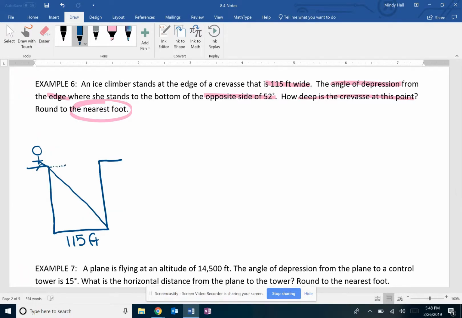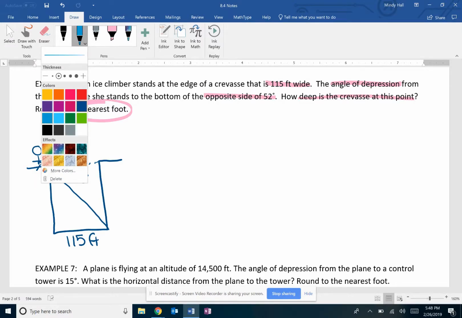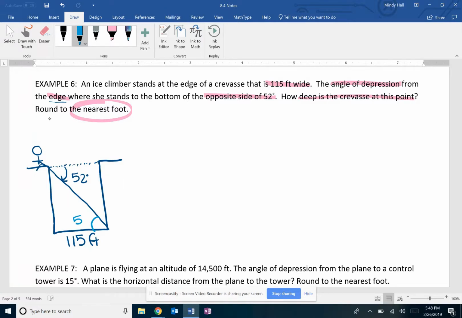And you notice that it is a dotted line because they're talking about the edge. We want to have that dotted line just because it helps you see that your angle of depression is right here, and that angle is 52 degrees. Because we know that angle is 52 degrees, we know this angle down here is also 52 degrees because of alternate interior angles.